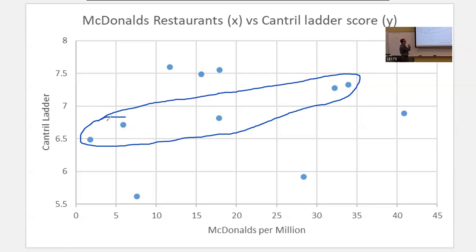And those 5 data points would make a pretty good straight line with a positive slope. You'd have an R value which would be positive and pretty close to 1.